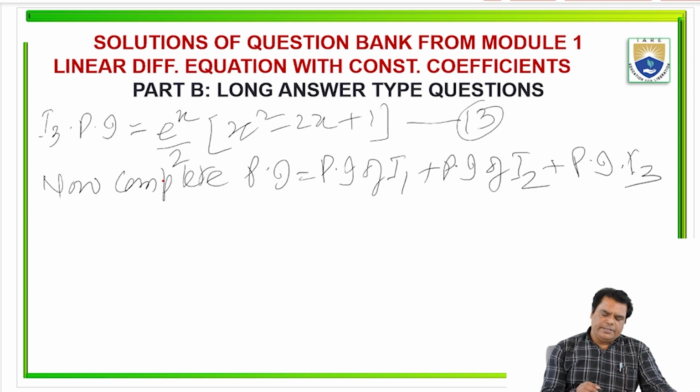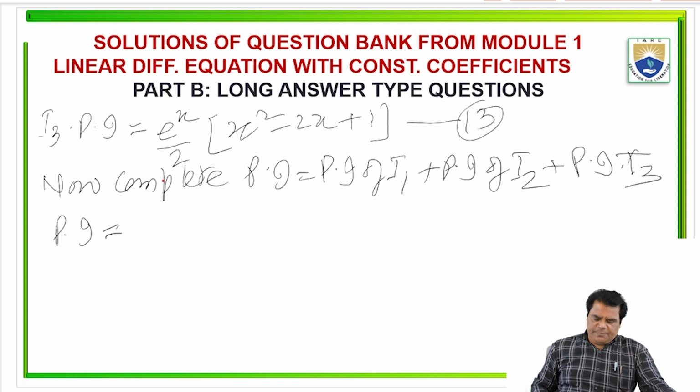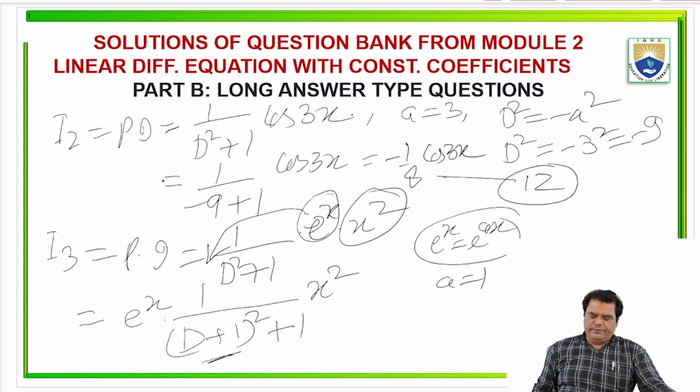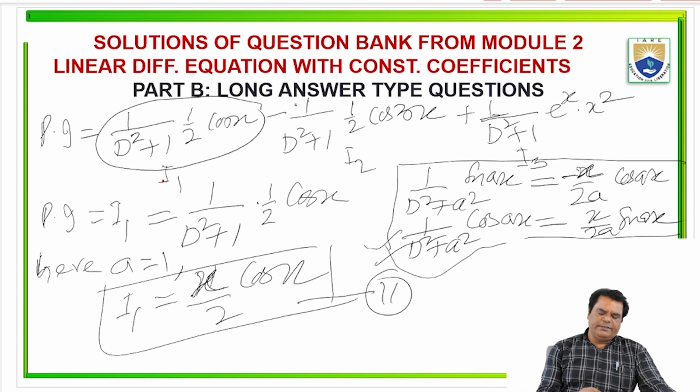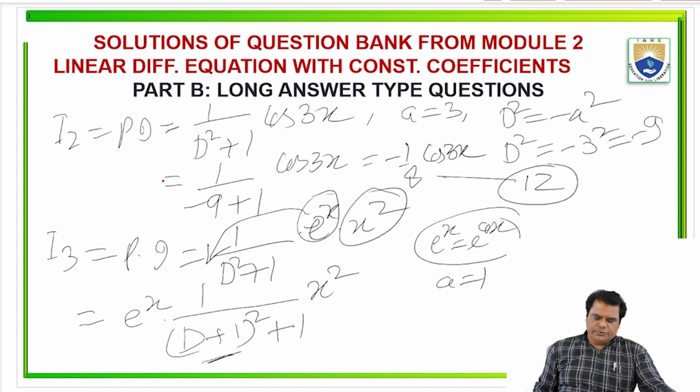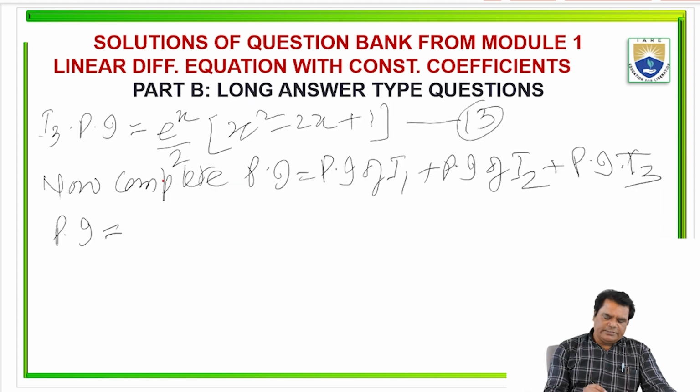Adding, then we get the answer. Adding first PI from equation 11: this is I1, x by 2 cos x. So we write here x by 2 cos x.